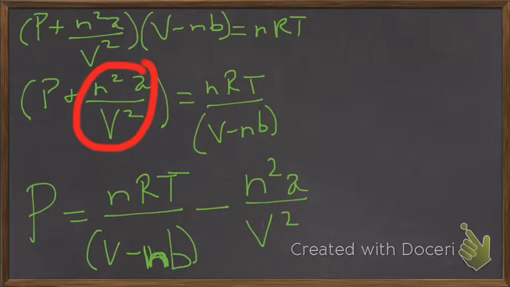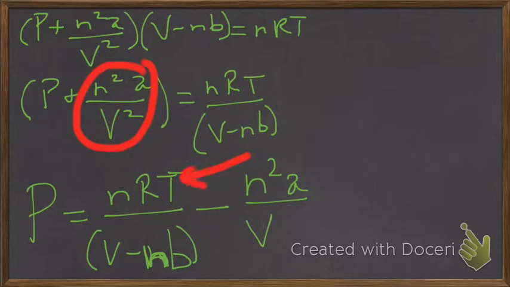So then you literally just plug and chug everything in. A and B are just constants that you look up and get from a table. R is just the gas constant that we've been using.